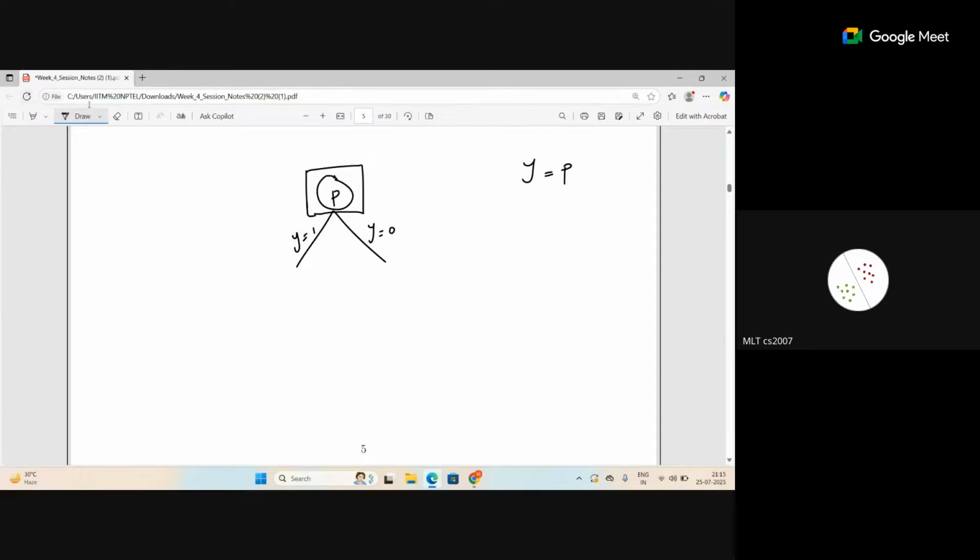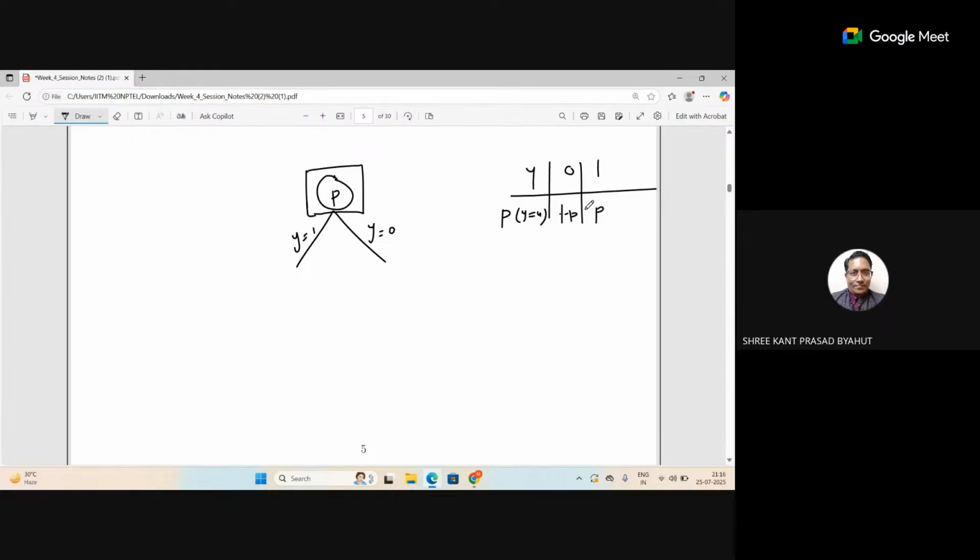So what will be the distribution for y here? Y will take values 0 and 1, and the probability of y equal to 0 is 1 minus p, and for 1 it is p. Is that fine?